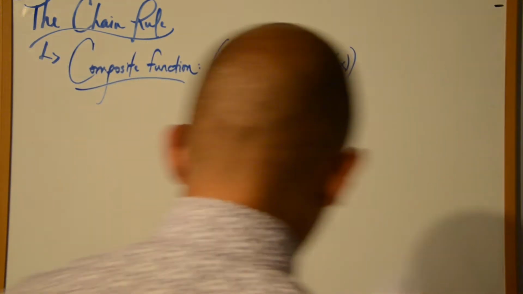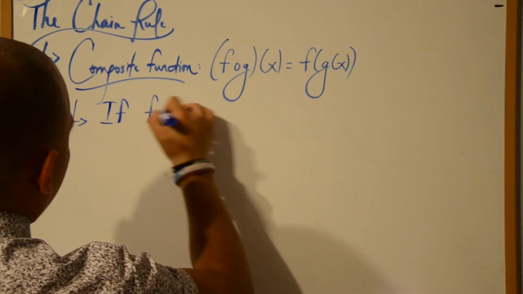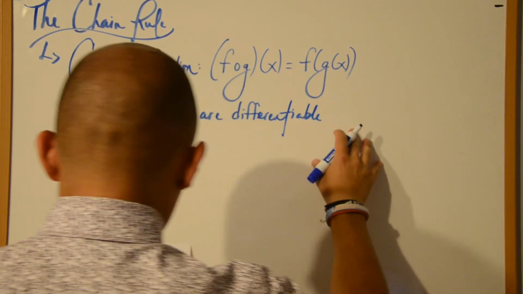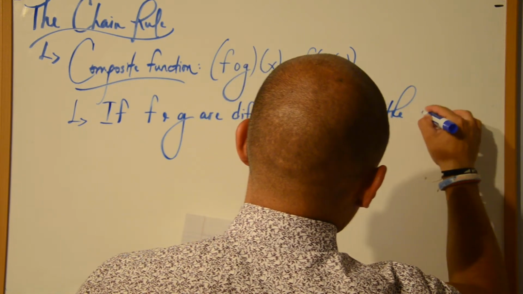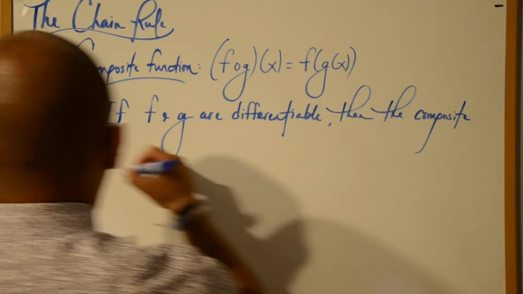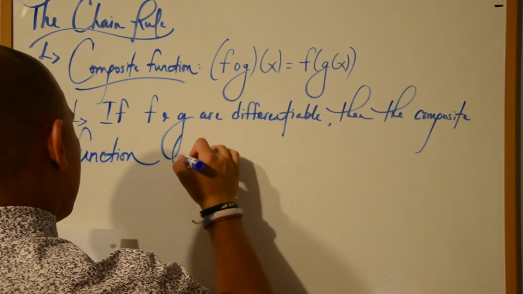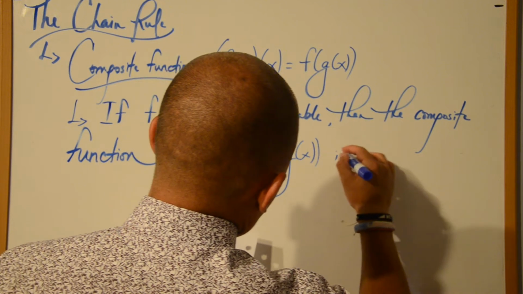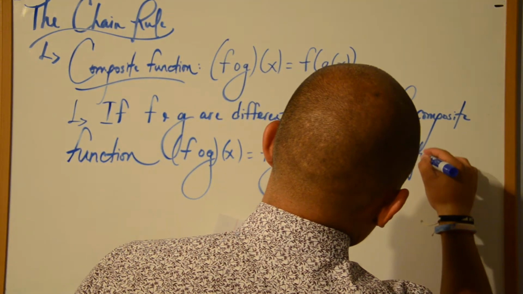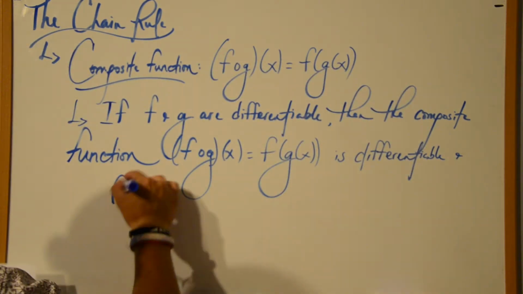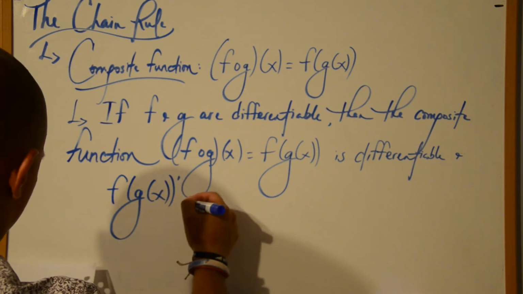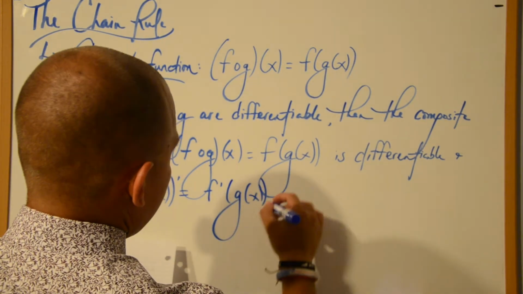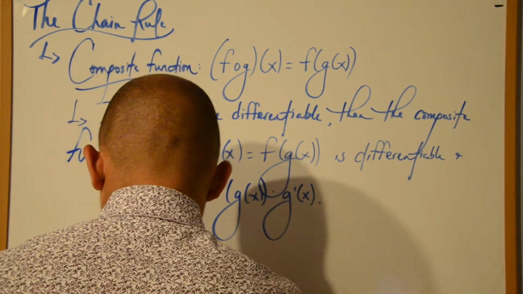And what the chain rule says is, if f and g are differentiable, then the composite function f of g of x is differentiable, and its derivative is equivalent to the derivative of the outside, still composed with the inner function, times the derivative of the inner function. Okay.